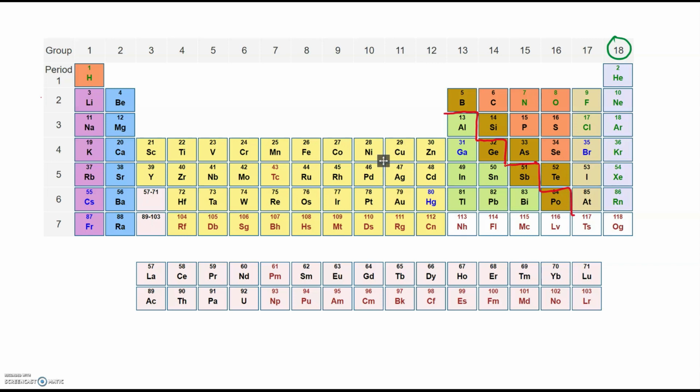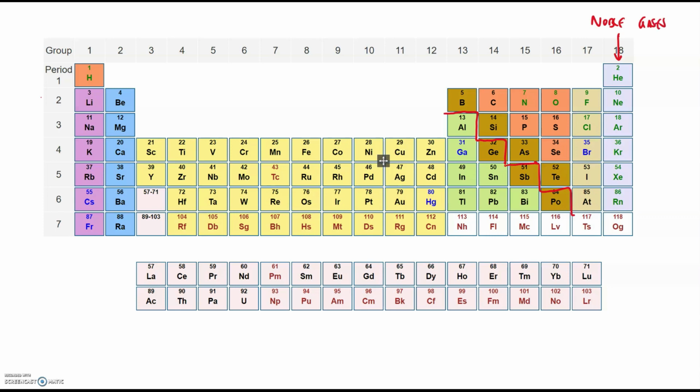What we're mostly concerned with is that elements that are in a group share similar properties. I'll give you a couple of examples. These guys over here, group 18, these are what we're going to call the noble gases.